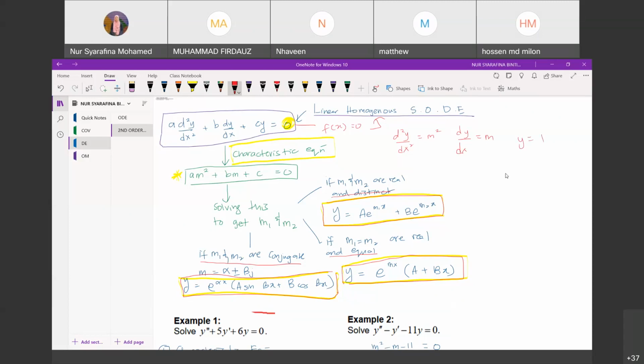So just substitute here: this one with m squared, this one with m, this one with 1. So basically, from this differential equation, after you convert by using the characteristic equation, it becomes a quadratic equation. Where does this m come from? Let's take a look at the notes we have there. We have some assumption.